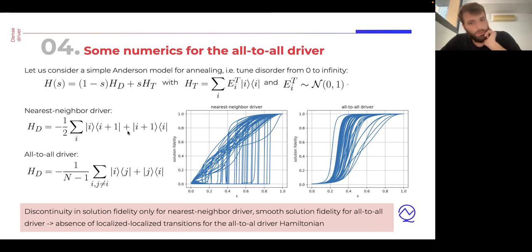It will make a difference. In basically everything we looked at so far, the driver Hamiltonian was completely stochastic, which is a consequence of the assumption that we take the driver Hamiltonian to be proportional to the adjacency matrix of some graph.